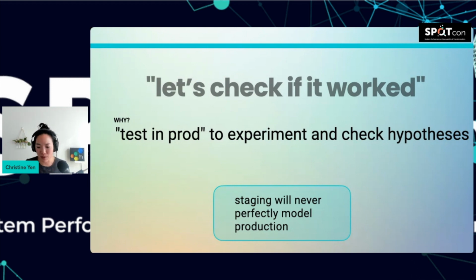And many of us have spent a lot of time trying to make staging very similar to production, so that when we see a performance improvement on staging, we can feel confident that it will mirror the performance improvement we want to push to production. Staging will never be production. There are some systems that are impossible to really model. And sometimes figuring out a way to contain an experiment and check it in production is really the only way forward.